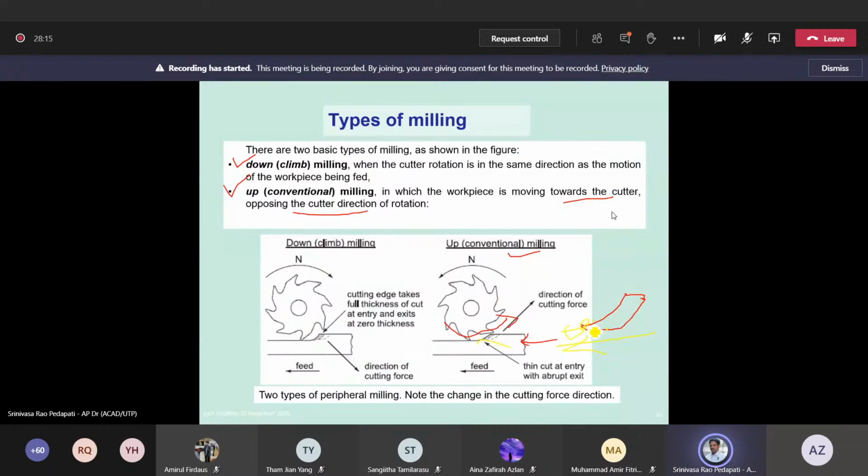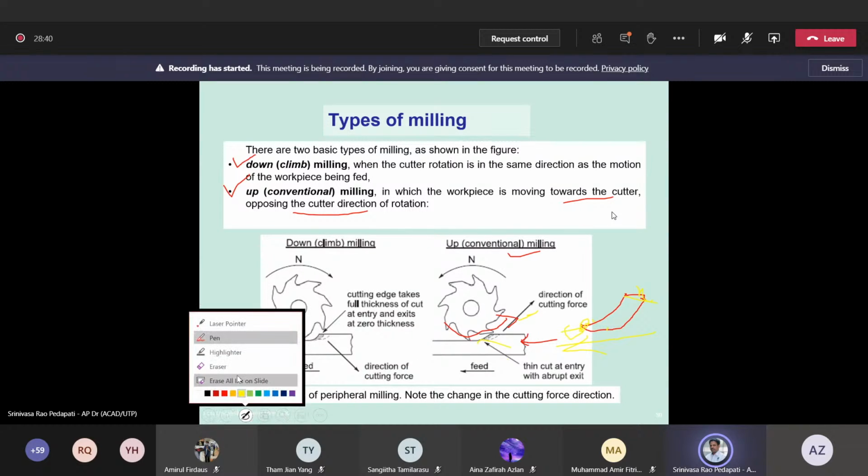So it starts at zero thickness, and as we feed, it goes to the final thickness. Say suppose the final thickness is x. So it starts at 0 and goes to x. And the direction of force tries to pull this up. That means it will push the workpiece away from the tool, because of the nature of the cutting.